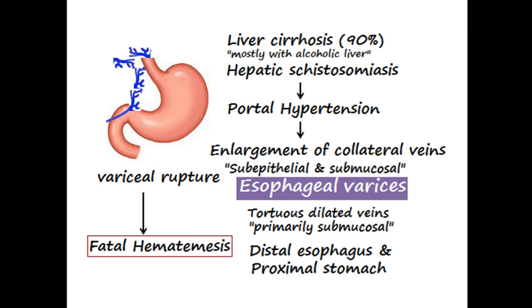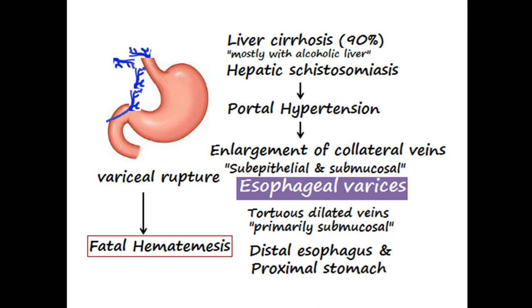Whatsoever, when the liver is damaged, when it becomes cirrhotic, it will resist the flow of the portal blood, and the pressure in the portal blood will increase. This situation is known as portal hypertension.